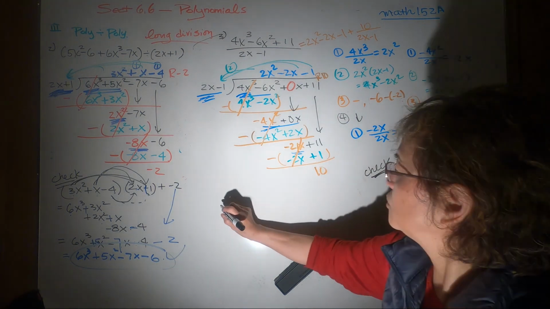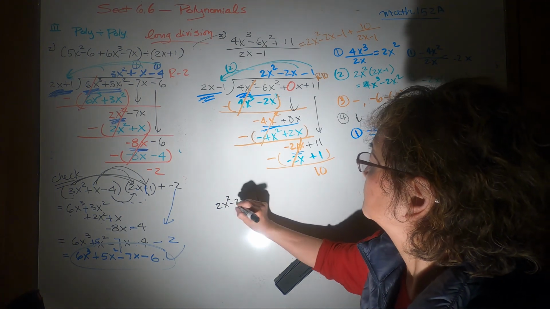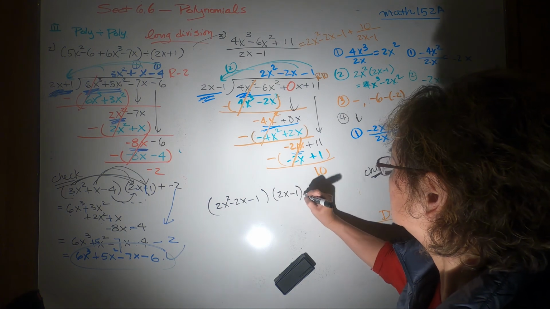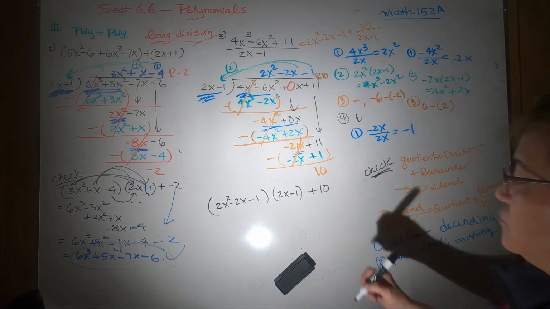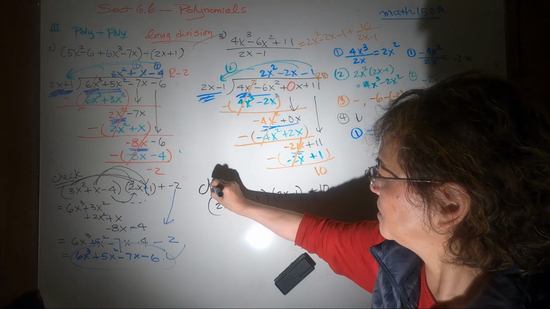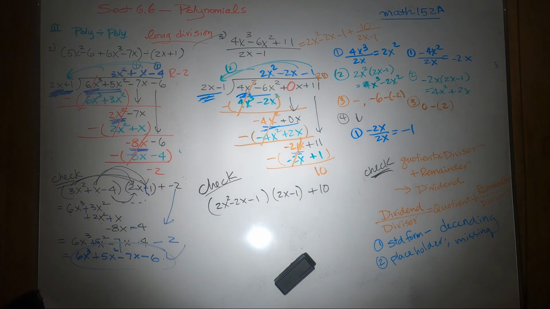So your quotient is this one, times the divisor 2x minus 1, plus 10, your remainder. See if you did it right. Make sure you check. Checking can also help you practice the multiplications.